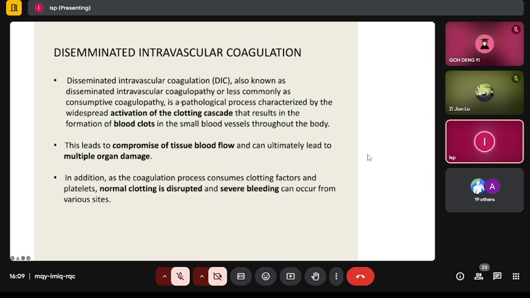Basically all this will happen in the small capillaries, small vessels. So you form small clots in all the small vessels in the body. Because of these small clots, perfusion to the periphery gets reduced, and too many clots use up all the coagulation factors, and because of that, you have easy bleeding due to the deficiency from the consumptive process.